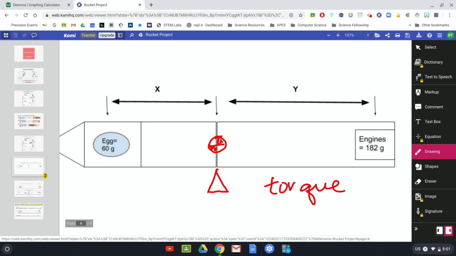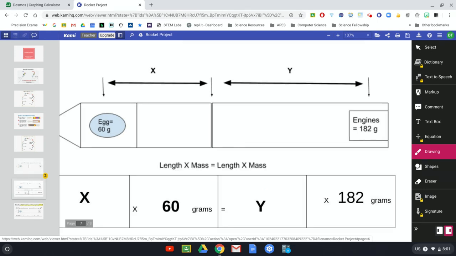So we can kind of ignore the acceleration due to gravity part of it, and we can really just narrow it down to the two most important components, and that is the mass and the distance. So we're going to simplify this into the length or the distance from the center of gravity times the mass on one side should equal the distance or the length from the fulcrum on the other side times the overall mass of the engines.